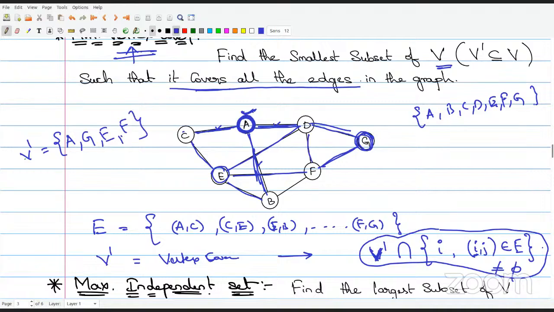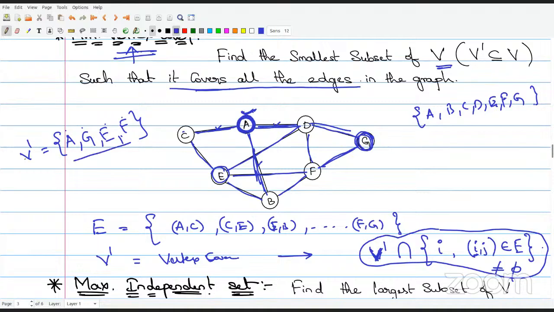Now this will cover all the edges. If you take A, G, E, F as your vertex cover, you pick any edge in your graph, and that edge will have at least one of the vertices in this set. And this should be the minimum one.